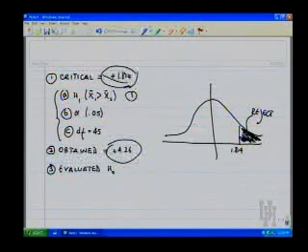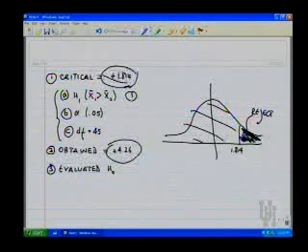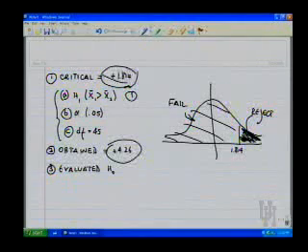If it falls in this area, we will fail to reject the null hypothesis. Agreed? Let's assume that the obtained value of T is plus 2.06.